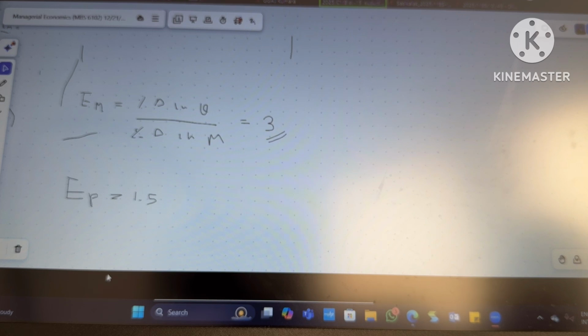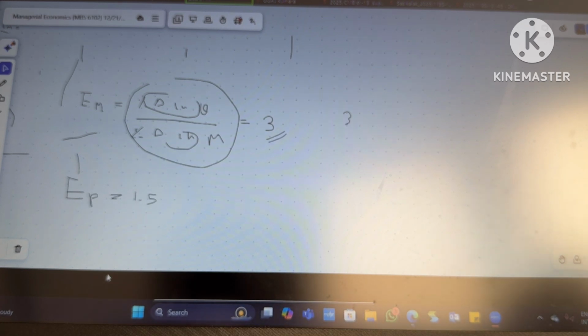The quantity demanded will change by 3 when the income changes by 1%. Yeah, correct. This is the answer. If you divide this number by this, the answer is 3. To get 3 here, you can put any two numbers. Suppose that the percentage change in quantity demanded is 30%, and the percentage change in income is 10%.